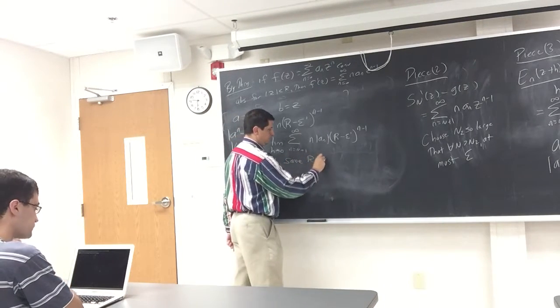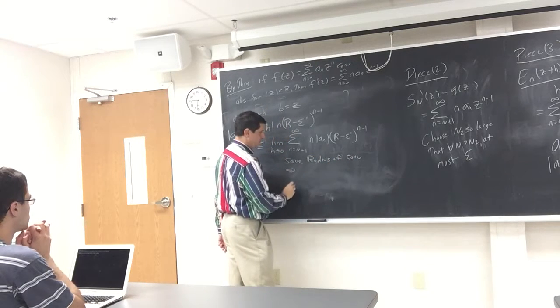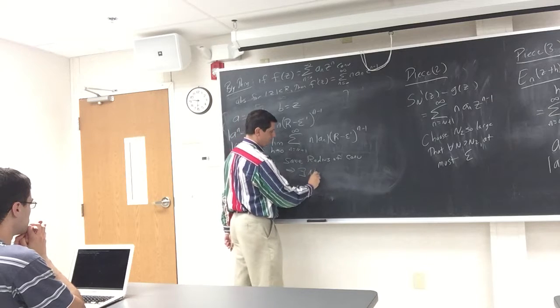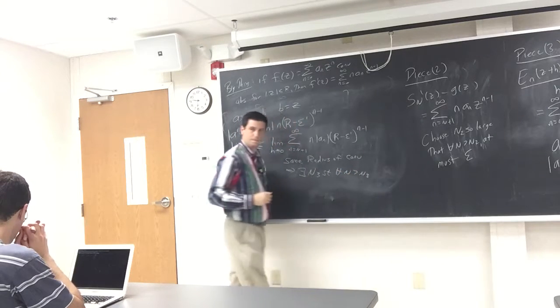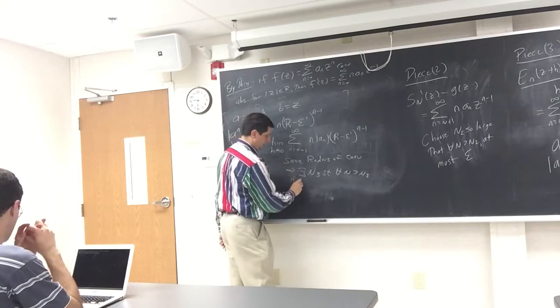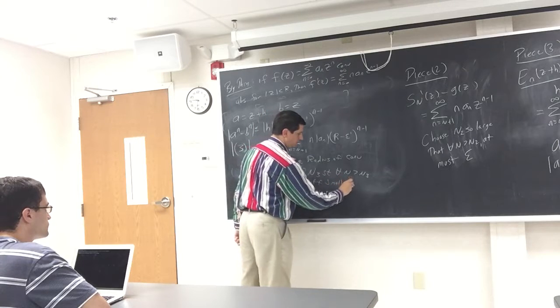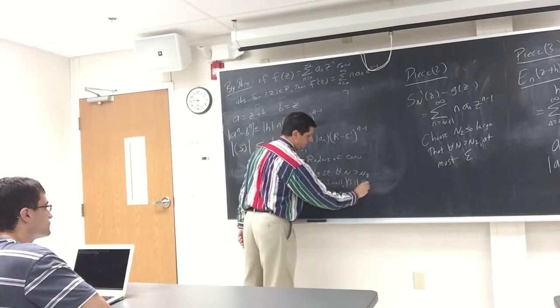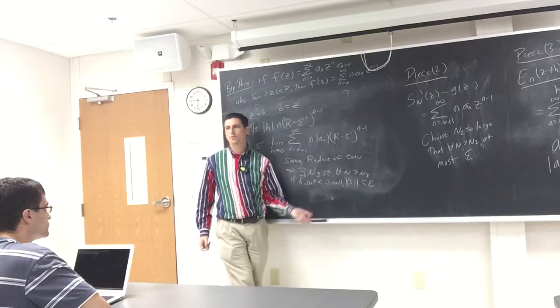Therefore, there exists an n3 such that for all n greater than n3, if h is sufficiently small, the third piece is less than epsilon. And now we just have to put them all together.